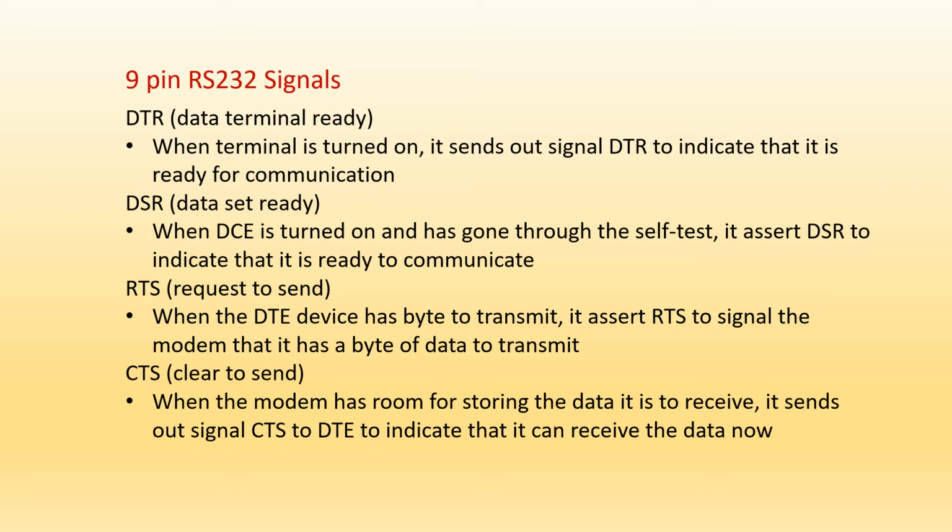The next signal is RTS, request to send. When the DTE device, that is the PC, has a byte to transmit, it activates the RTS signal to the modem to indicate that it has a byte to transmit. So this is the signal from the DTE to the modem.